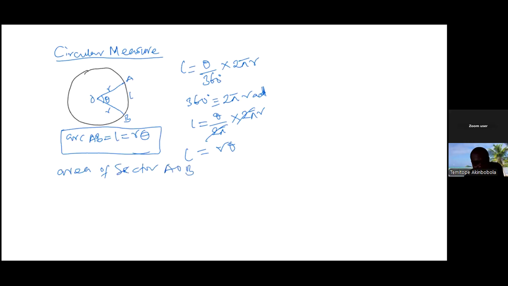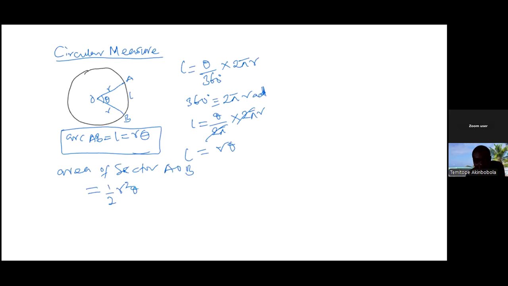For the sector, the area is 1 over 2 r square theta. That's the formula for finding area of the sector.